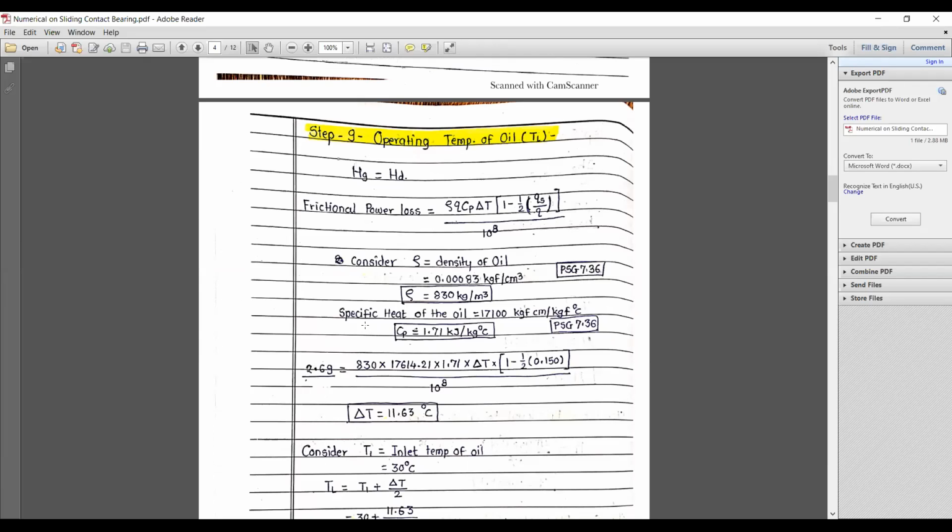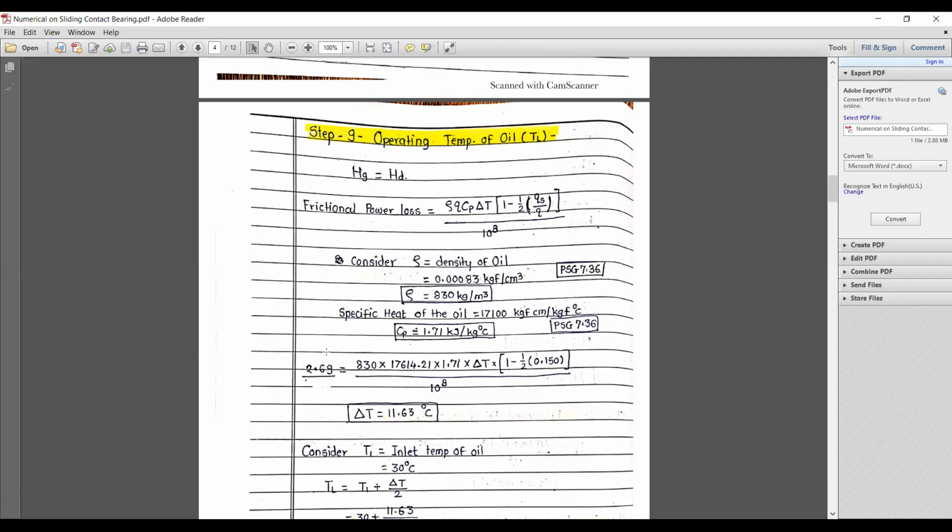We have two methods for finding the heat generated. By the first method, the empirical relation, we can directly find the frictional power loss, that is rho Q Cp delta T into bracket 1 minus half Qs by Q, divided by 10 raised to 8. By referring to PSG page number 7.36, we get the density of oil, 830 kg per meter cube, and the specific heat of oil, 1.71 kilojoule per kg degree.